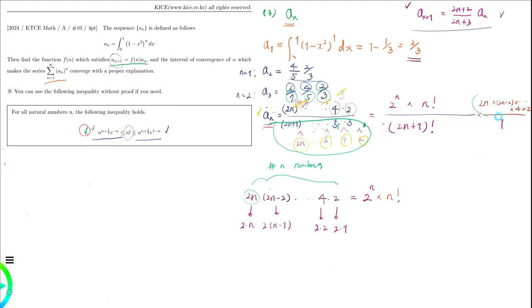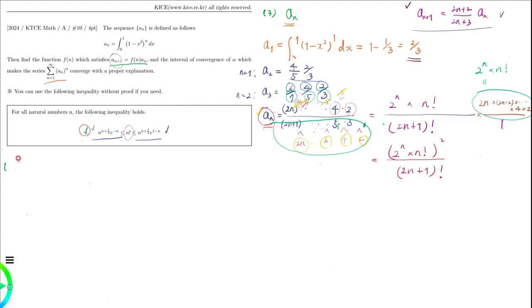And as I already did, this numerator is nothing but 2 to the nth power times n factorial. So in conclusion, the nth term of the sequence is nothing but the square of 2 to the nth power times n factorial over 2n plus 1 and its factorial. So now we have a better form in terms of this inequality.